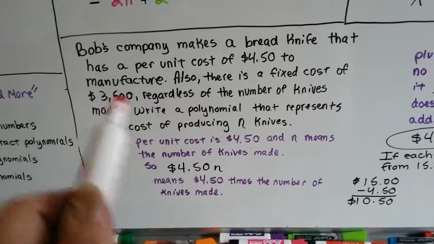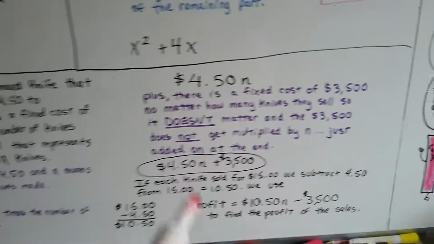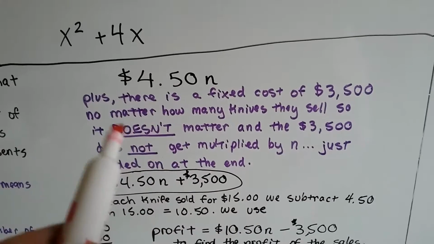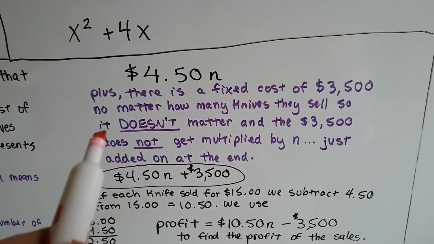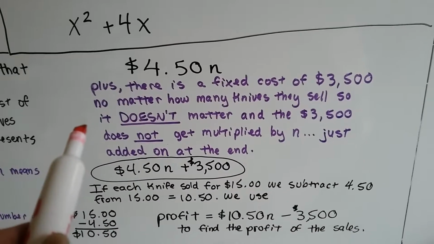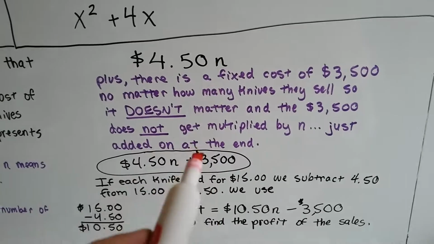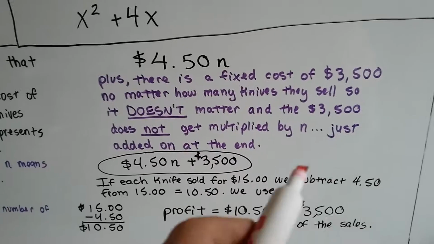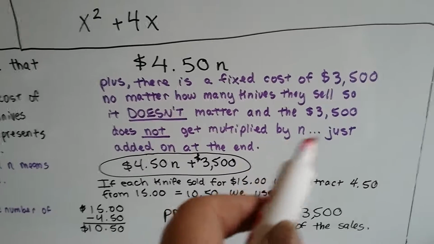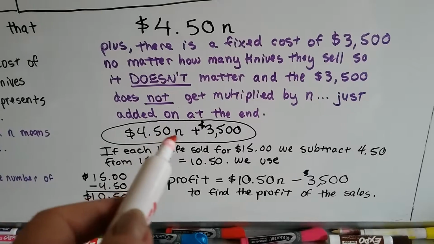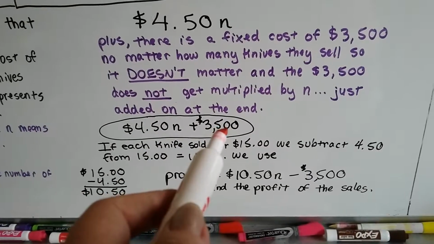But we have to remember that 3,500, okay? So we've got $4.50n for each knife, and we add the $3,500 because no matter how many knives they sell, it doesn't matter. And the 3,500 does not get multiplied by the n because it's separate. It could just be one knife. So we just add it on at the end. So we have $4.50n plus 3,500.